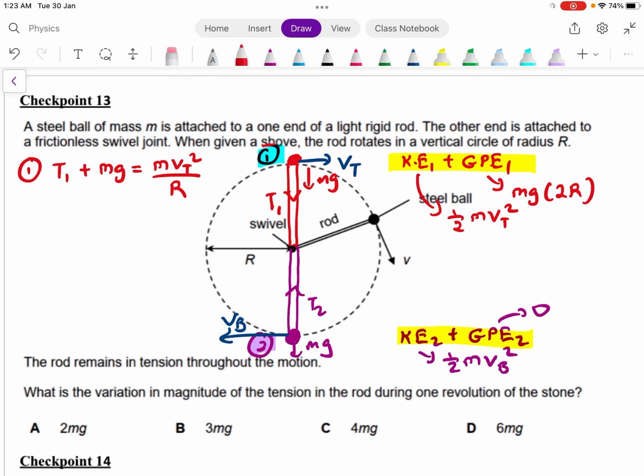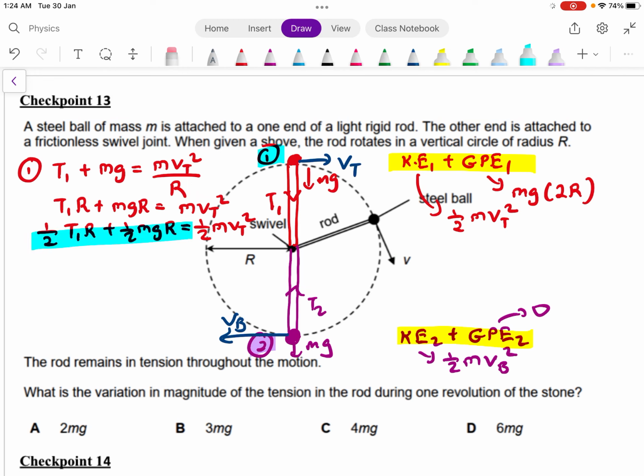I just move the r to the left hand side: T1r plus mgr gives m vt square. Then you just times half throughout the equation, so half T1r plus half mgr equals half m vt square.